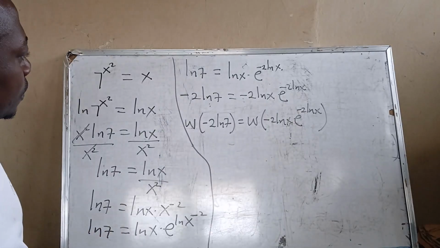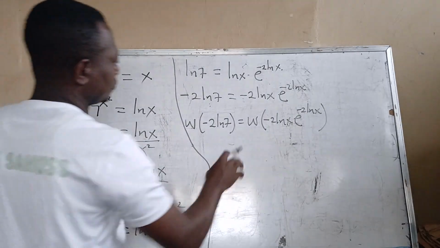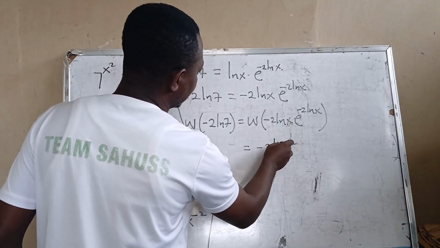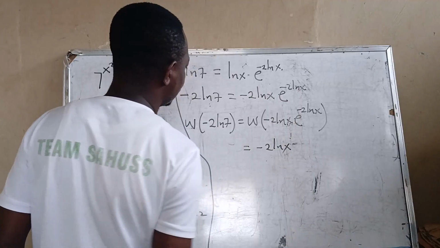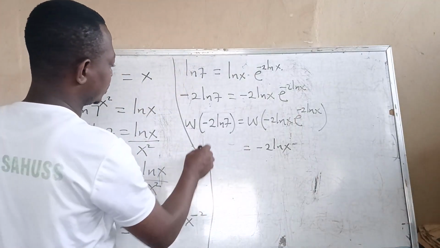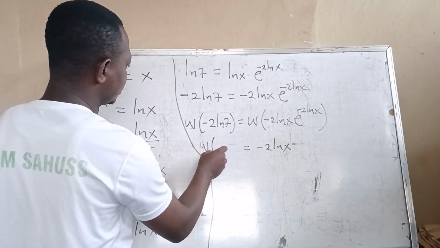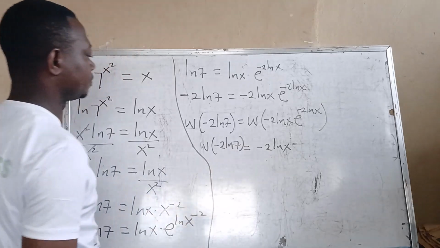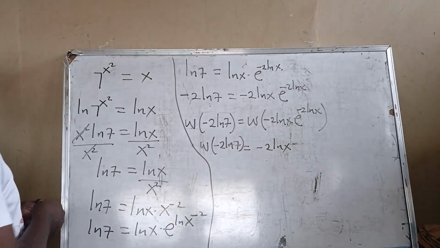Okay, so from here the result for the right-hand side will be minus 2 ln of x, because this and that one will be the answer. Minus 2 ln of x, and this one remains the same, ln of 7.